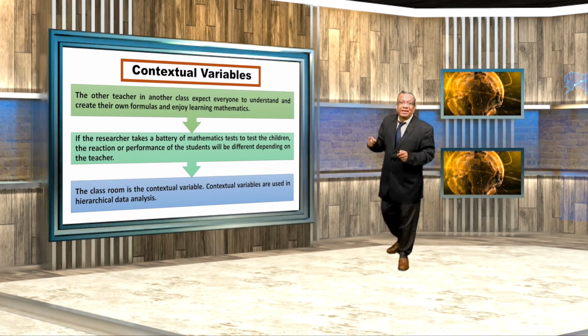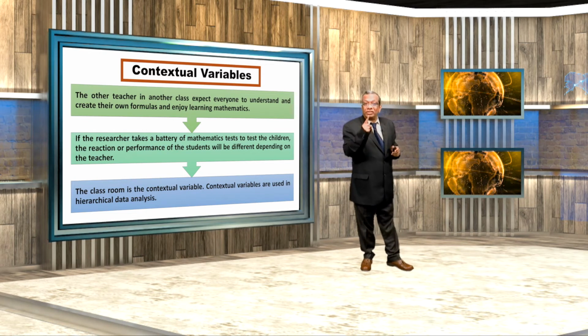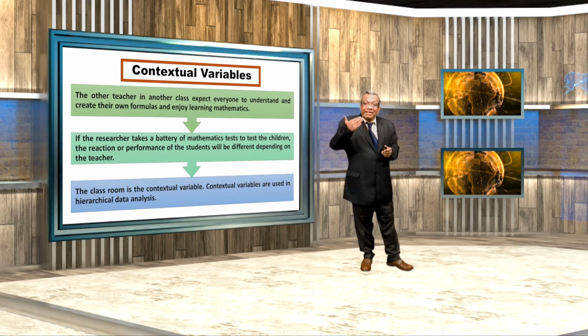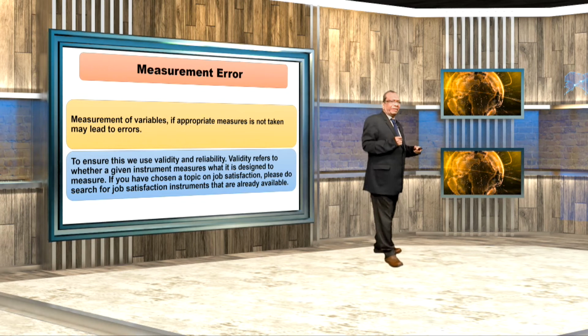Thus, the classroom is a contextual variable which we will be taking into our research. We will be doing hierarchical data analysis where we will be able to find all these contextual variables and try to find their impact.